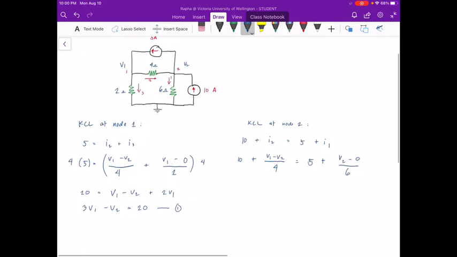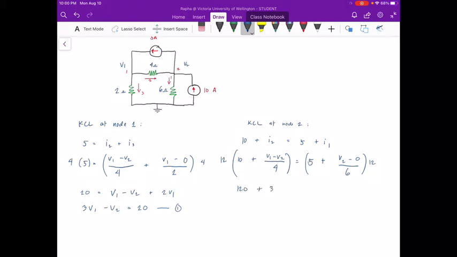What's going to happen next is that we will multiply both sides of the equation by its common multiple, and in this case it would be 12. So multiply both sides of the equation by 12. We have 12 times 10, we have 120, plus 12 divided by 4, we have 3.